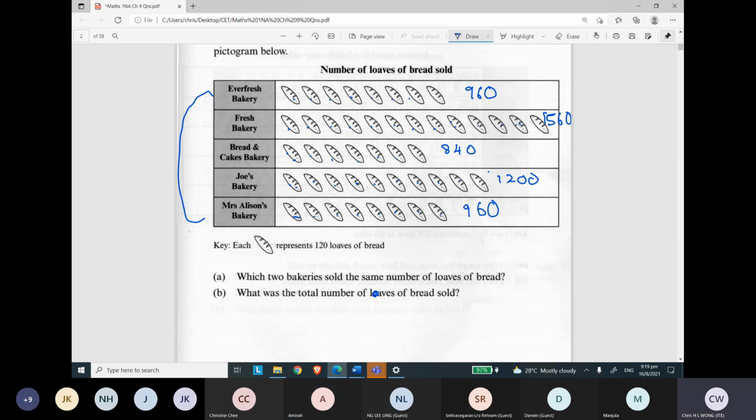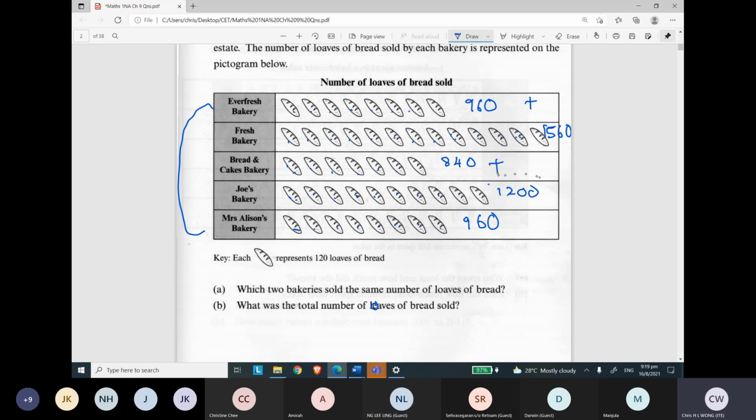This is loaves of bread, not leaves of bread. Wrong spelling. Add up together, plus this, plus this, plus this, plus this, gives you 5520. Am I right? 5520. Is it correct?